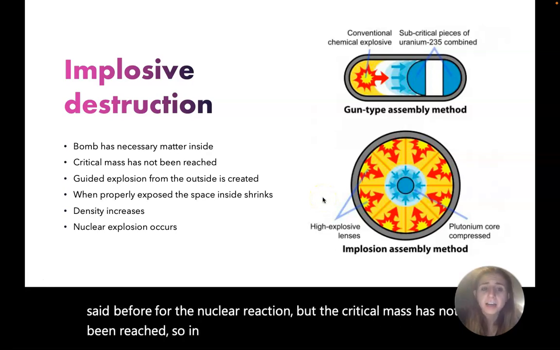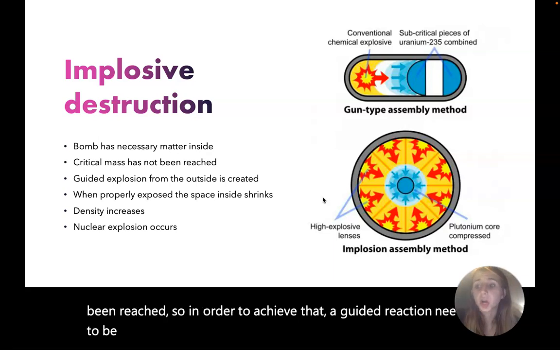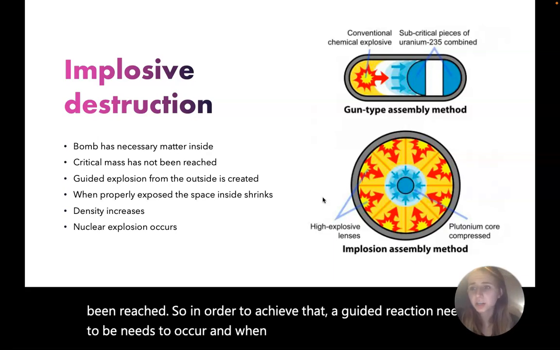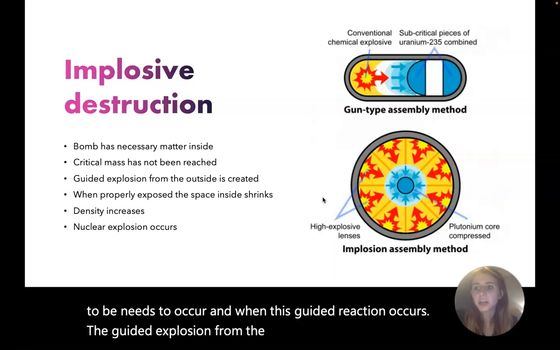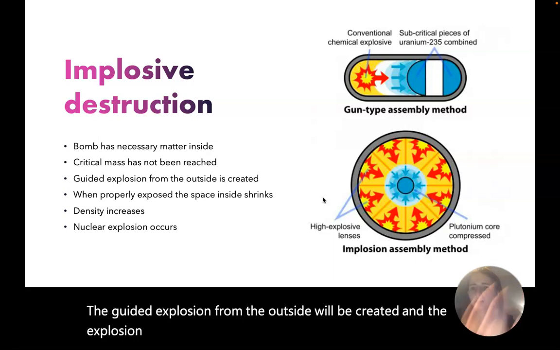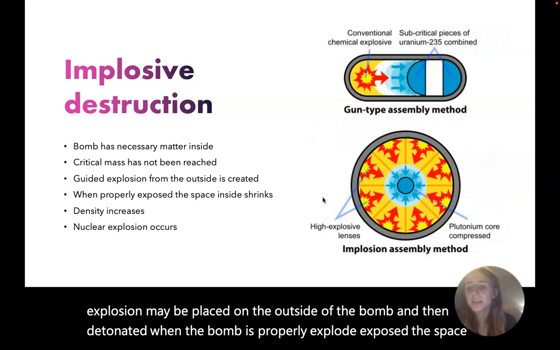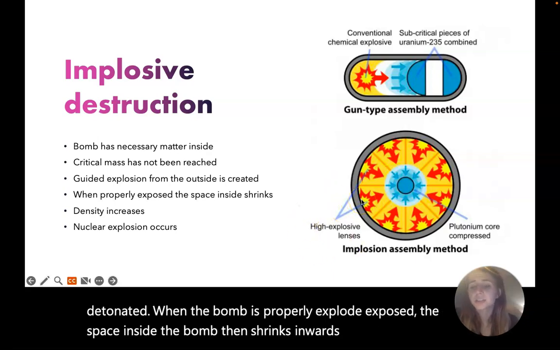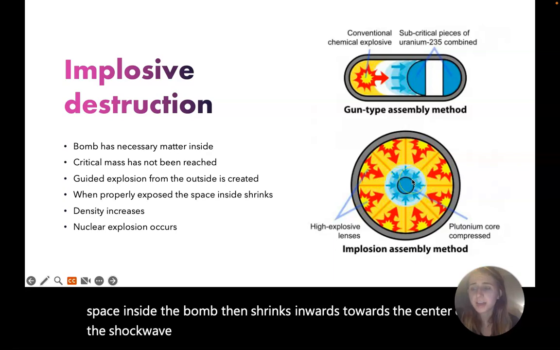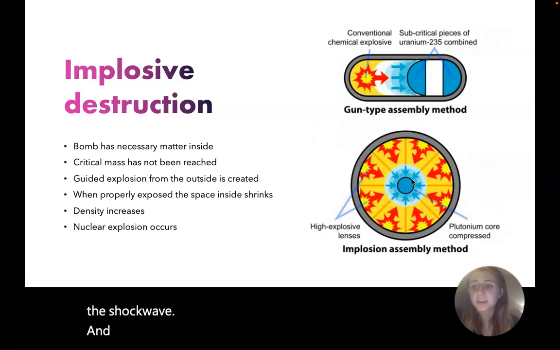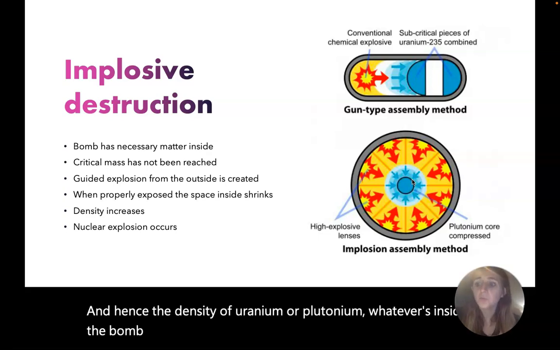So in order to achieve that, a guided reaction needs to occur, and a guided explosion from the outside will be created. The explosive may be placed on the outside of the bomb and then detonated. When the bomb is detonated, the space inside the bomb shrinks inwards towards the center with the shock wave, and hence the density of the uranium or plutonium inside the bomb will increase and a nuclear explosion will occur.